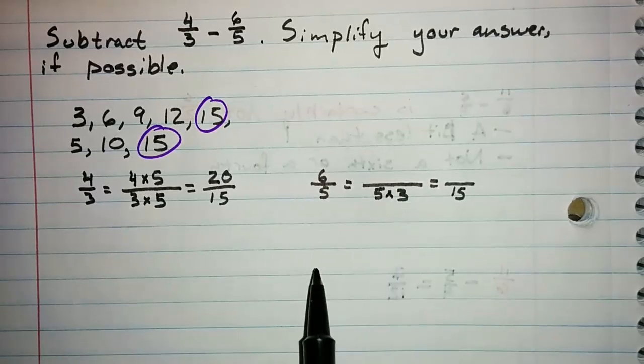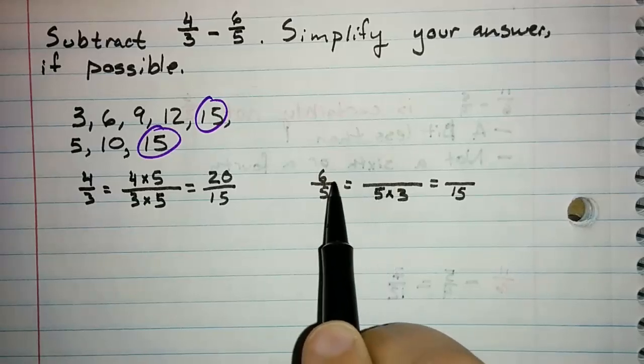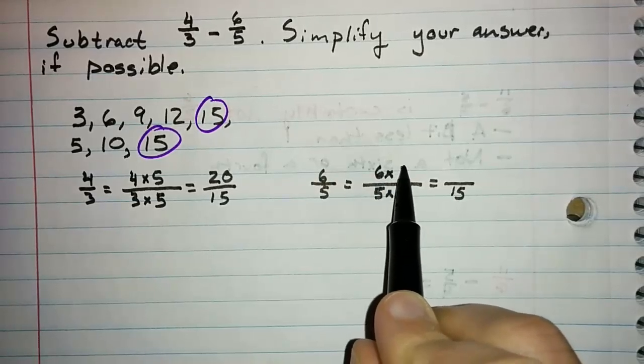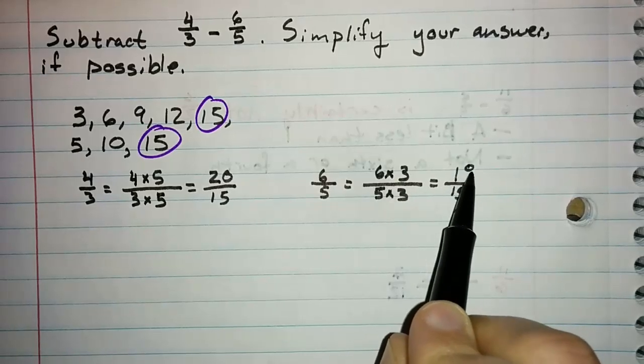What did I need to multiply 5 by? 5 times 3 is 15. I cut each fifth into 3 equal parts. So my 6/5, I cut each of them into 3 equal parts. 6 times 3 is 18.